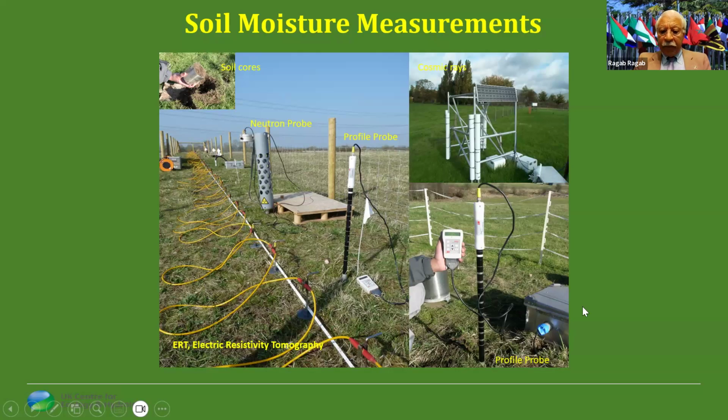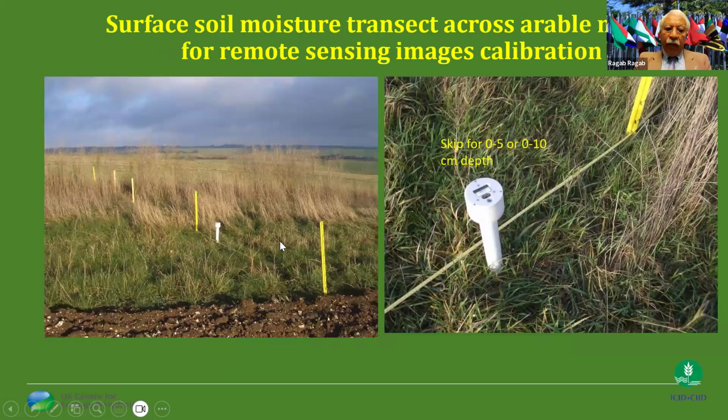And with the remote sensing images, we started to do transects, using either ERT or something else called a skip, which is something you push into the soil at 5 or 10 centimeters, and then we calculate the soil moisture as we go on to try to calibrate the images coming from remote sensing. But that was hard work.